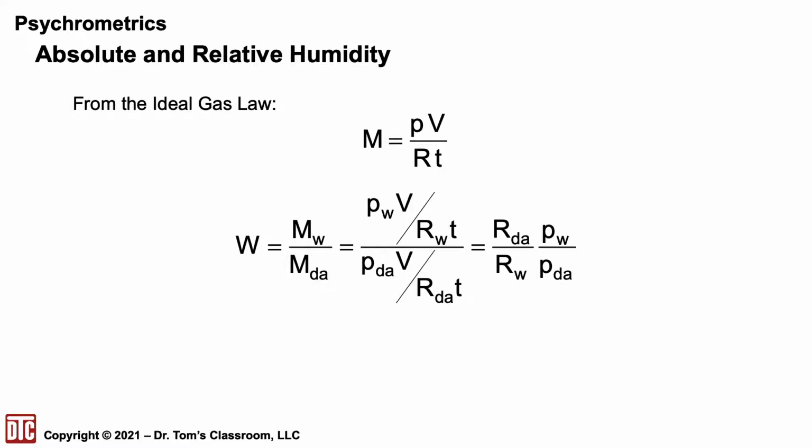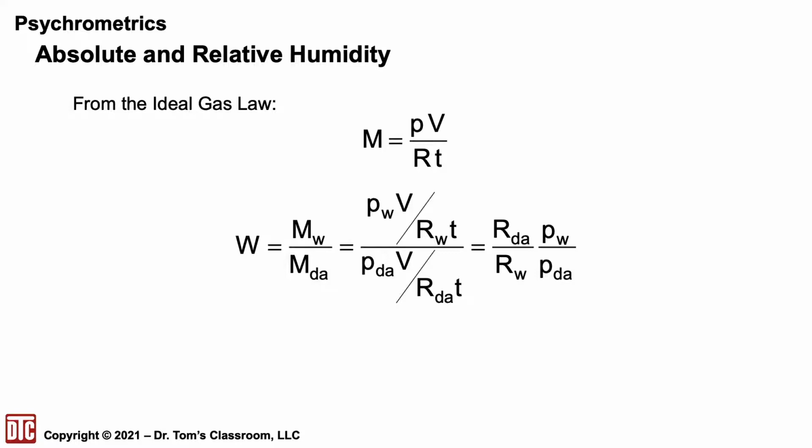Now I recognize that the water vapor and the dry air exist in one volume, and they exist at one temperature. And so what I can do is I can actually cancel those out. The volumes and the temperatures cancel out since they're the same. And I'm left with nothing but ratios of R's and partial pressures. Now, knowing that the R is R universal over the molar mass, the R universals also cancel out.